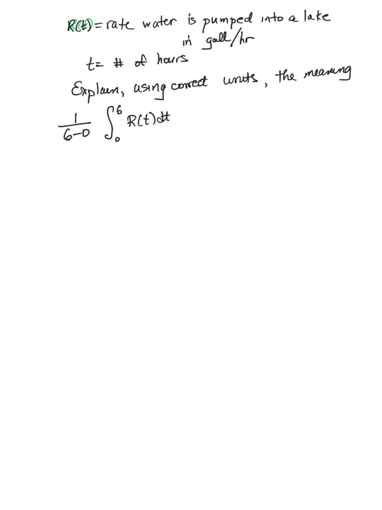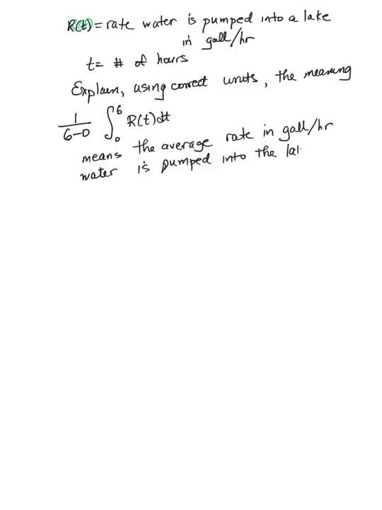Okay, so the answer to this is that it means the average rate in gallons per hour water is pumped into the tank, into the lake, I should say, into the lake in the first 6 hours.